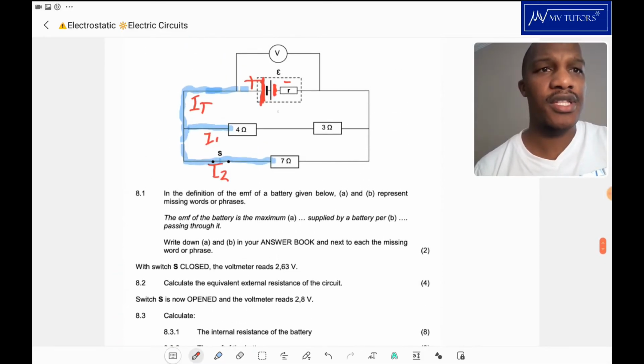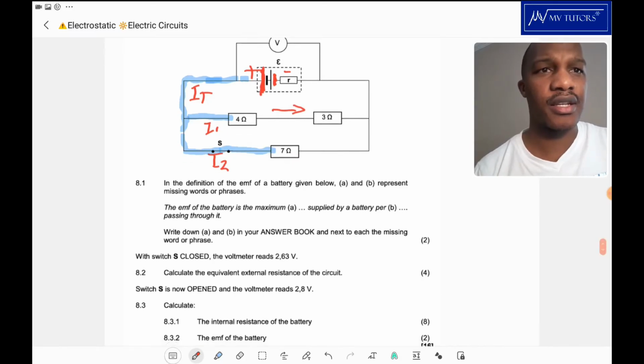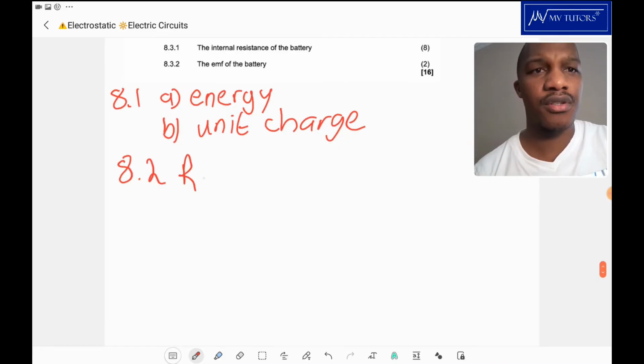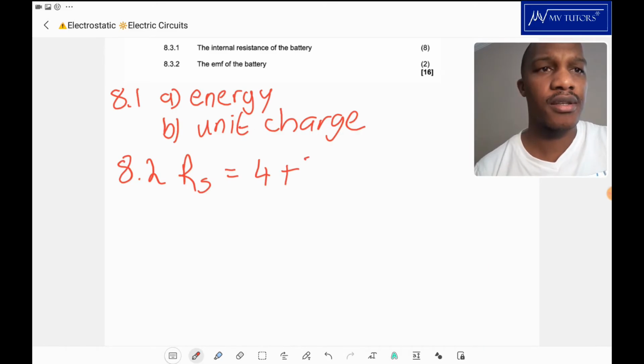First of all, these are in series. 4 and 3 are in series, so the resistance in series is equal to 4 plus 3, which is equal to 7.